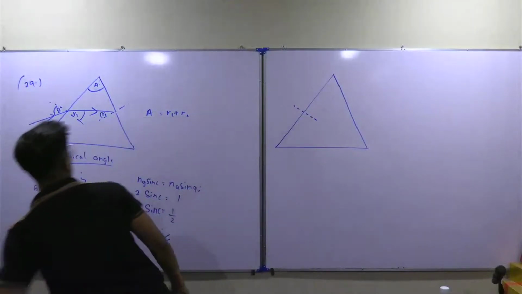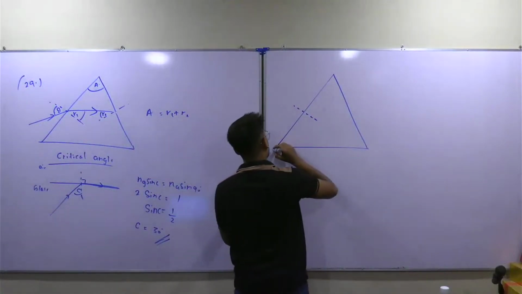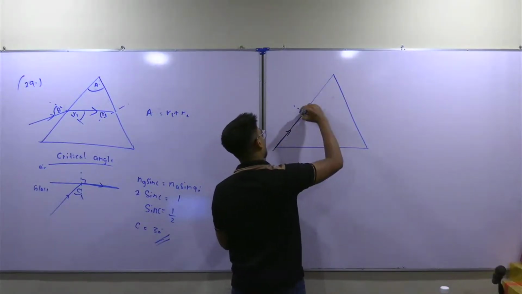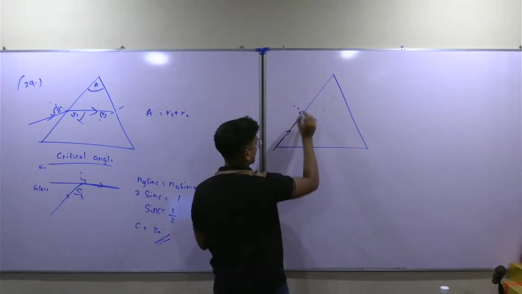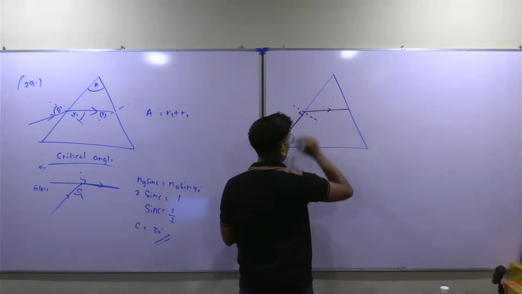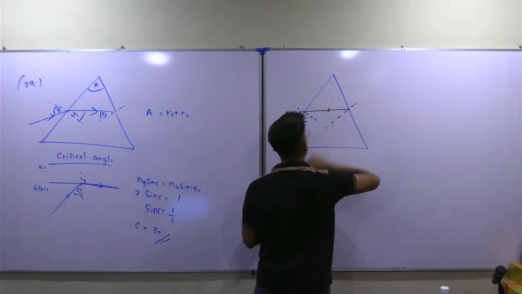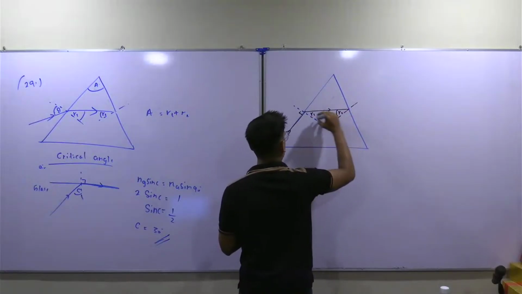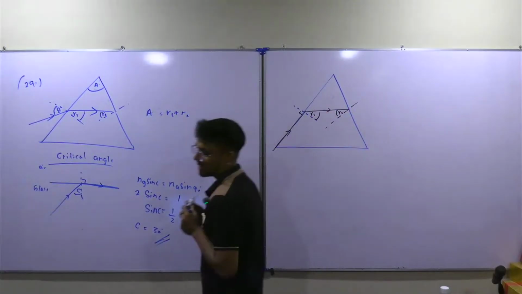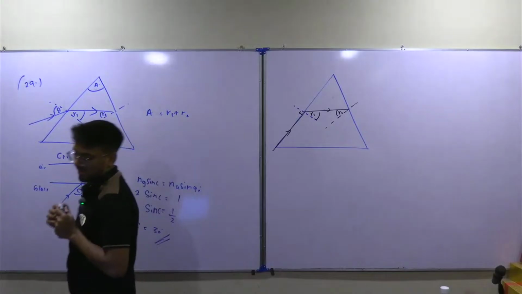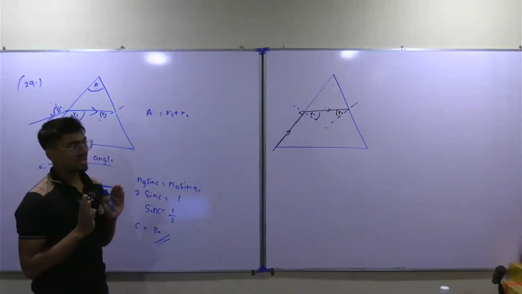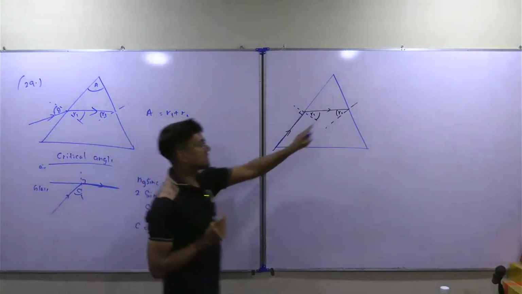What's going to happen? Here, theta is 90, so the ray is traveling like this. But here, this angle is R1, this angle is R2, right? They have clearly mentioned that for any angle, the ray doesn't emerge through this surface.